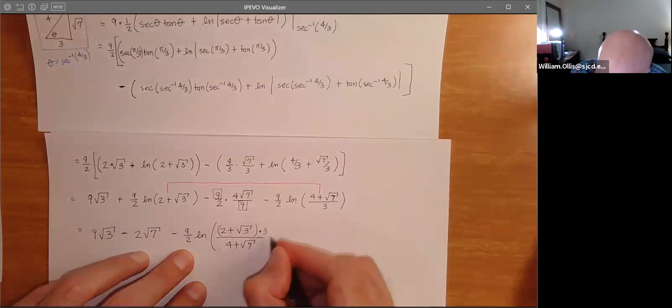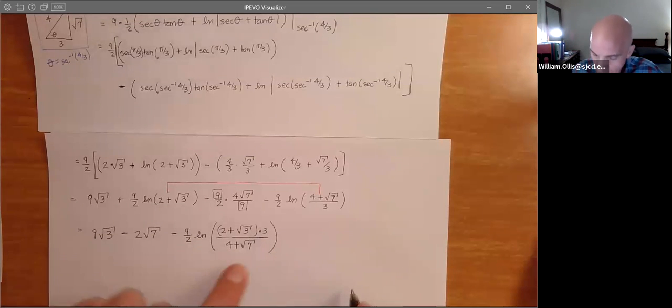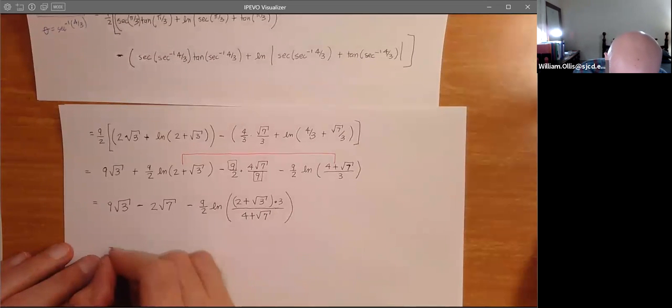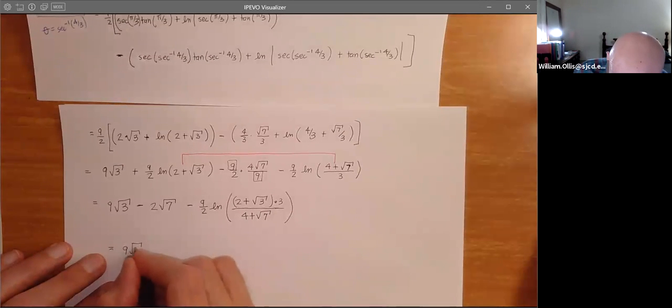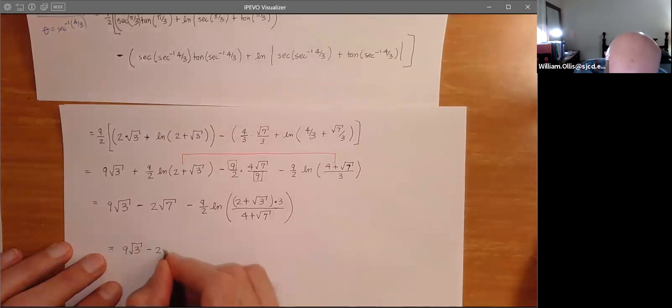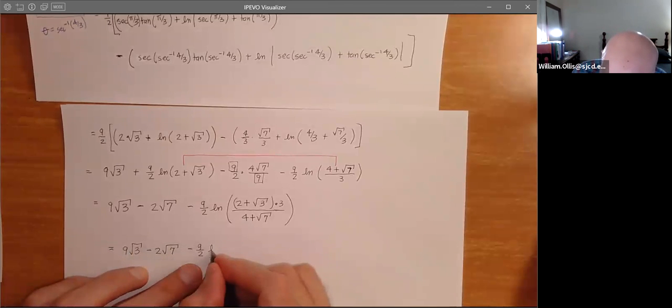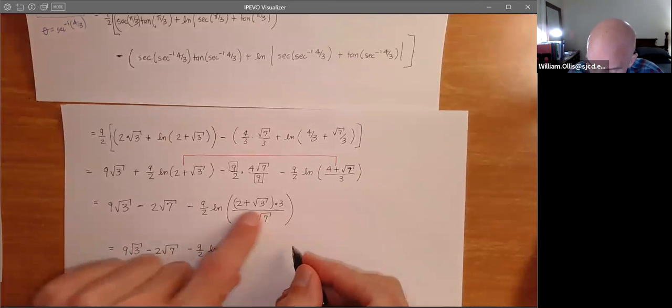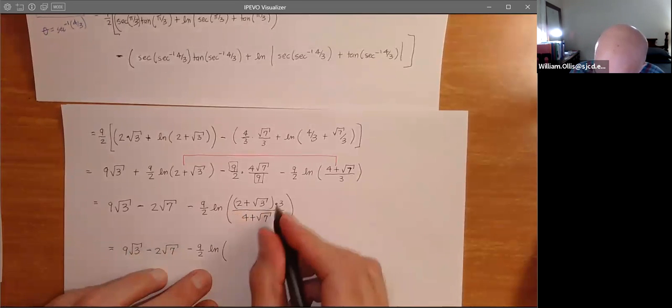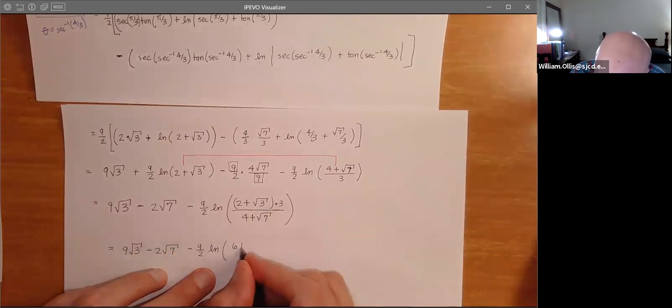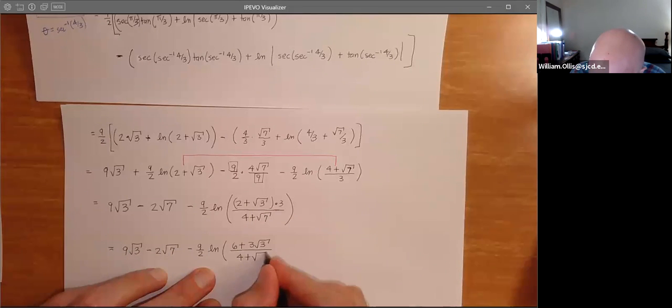So that'll just round about upstairs, reciprocate, and multiply. So this gives us 9 root 3 minus 2 root 7 minus 9 halves natural log. And then, of course, if you want to multiply through, you can. That'll give us a 6 plus a 3 root 3 and 4 plus root 7.